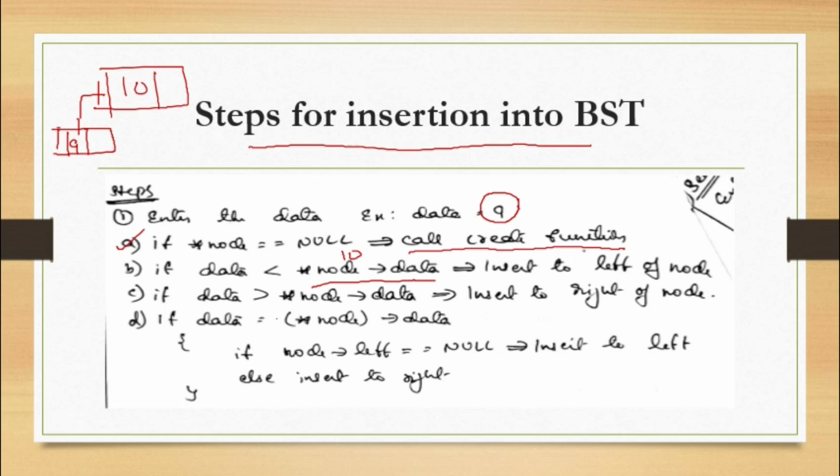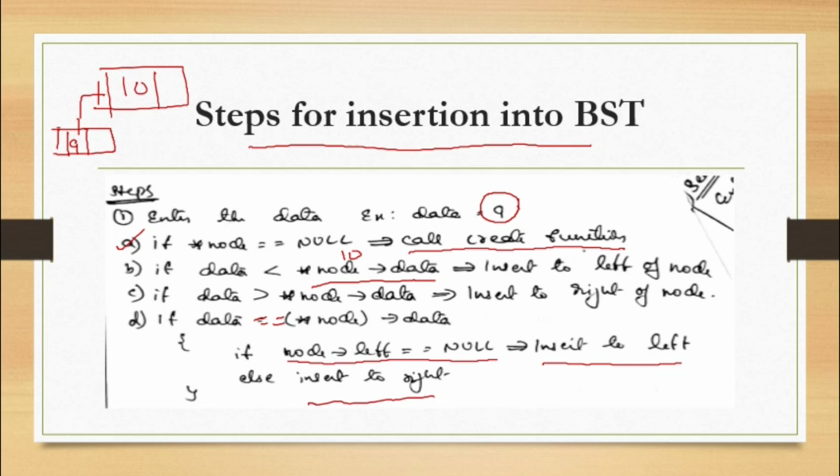If the data is equal, that is, if the data is the same as the data in your node, then you have to check whether its left is null or not. If its left is null, then you insert that element to the null left. Otherwise you insert it to the right.